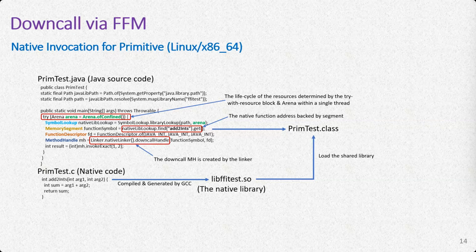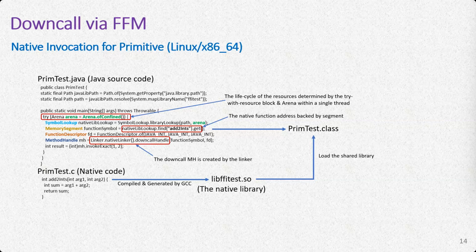So back to the example, the memory related code has to be in a try block of the arena, which is literally in charge of the life cycle of the memory resources for the native access. That means if there's any memory allocated by the arena, it will be released automatically before leaving the try block. And there's no way to access them after the block. So this is quite an important difference from JNI because it helps to avoid unexpected memory leaks during the native access.